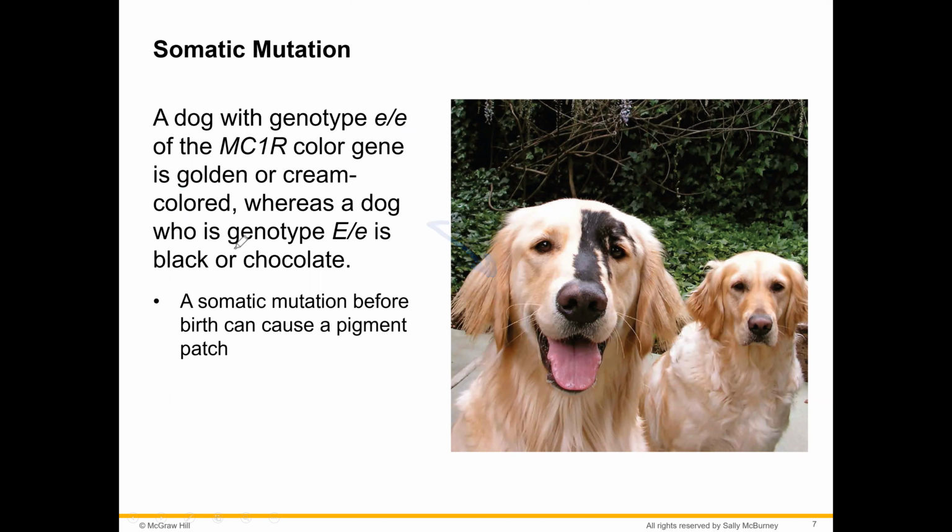Whereas a dog whose genotype is big E, little e, is black or chocolate. But now if you look at this dog, how does it happen that it's gold and just a part of it is chocolate? It's because of a somatic mutation that happened before birth, and it caused a pigment patch.